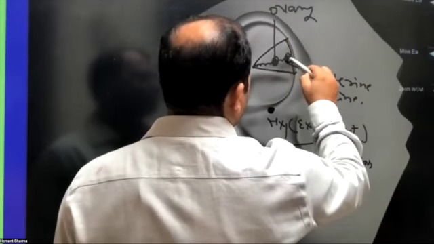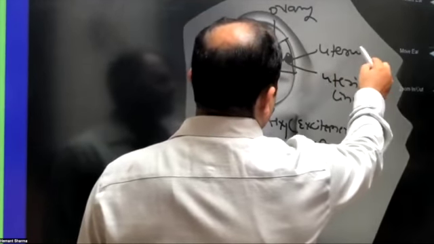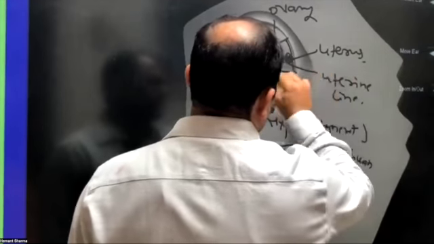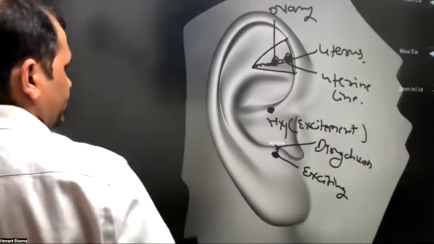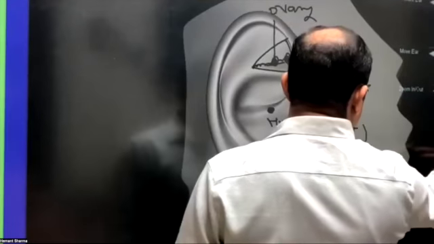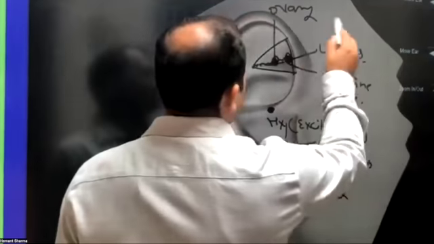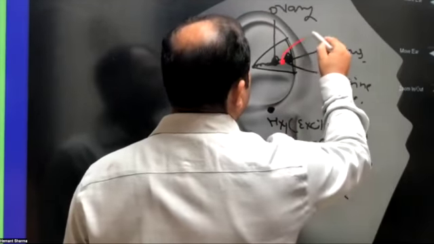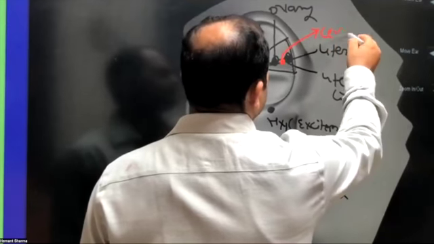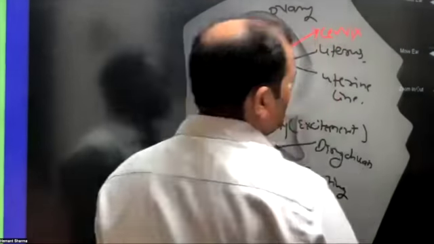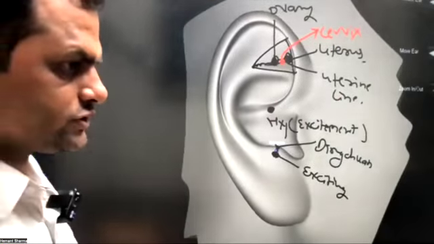This point is uterus. And this line is the uterine line. The point between ovary and uterus, this point is cervix.